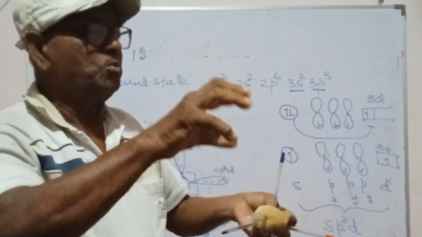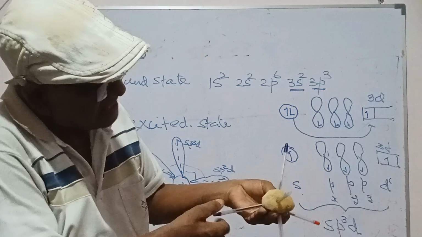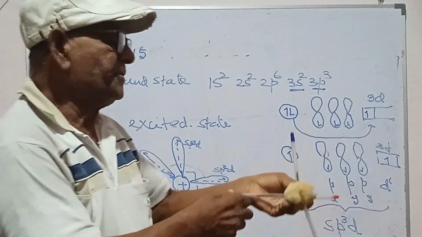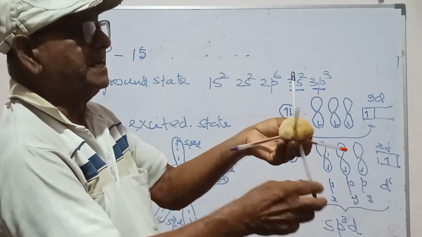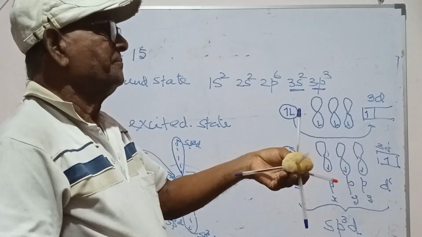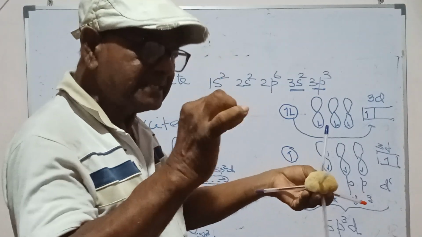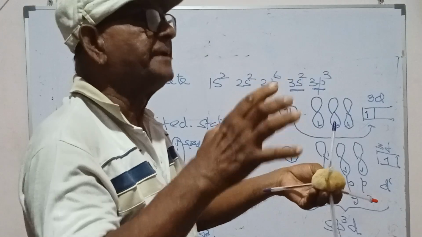Bi means 2. This arrangement is explained as the trigonal bipyramidal arrangement. This is the arrangement of the hybridized orbitals around the phosphorus atom.